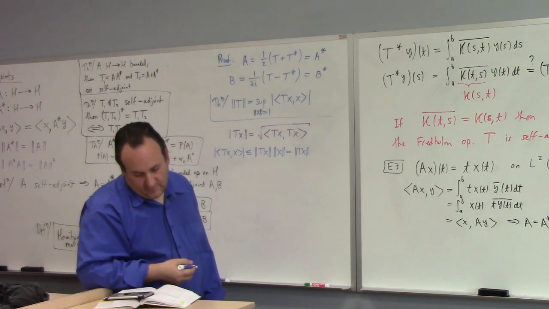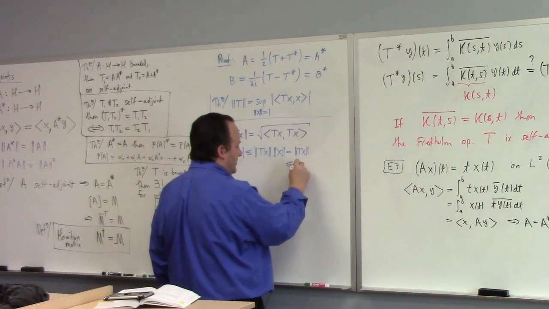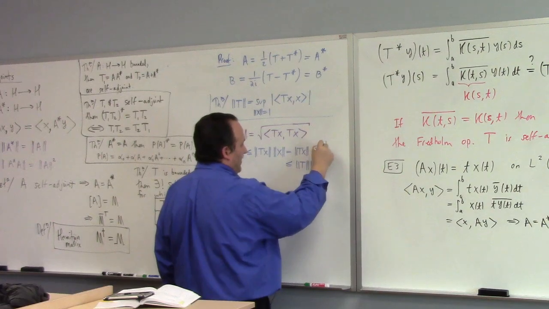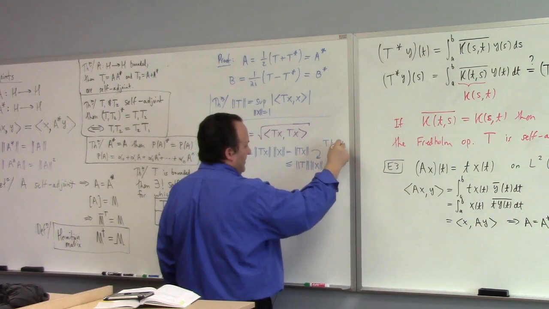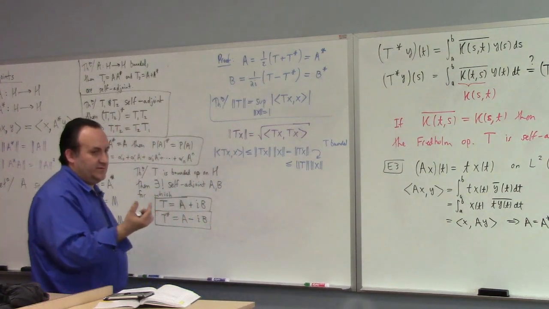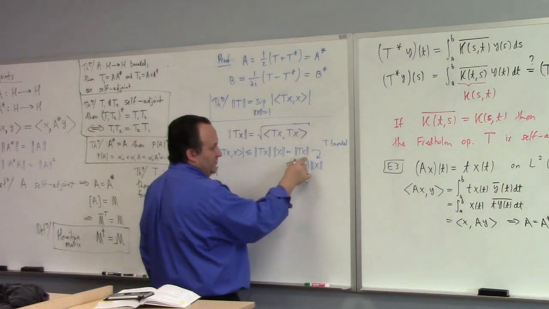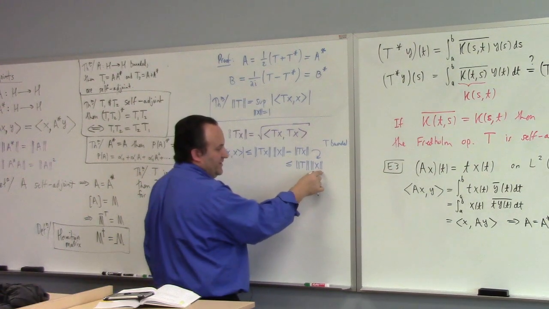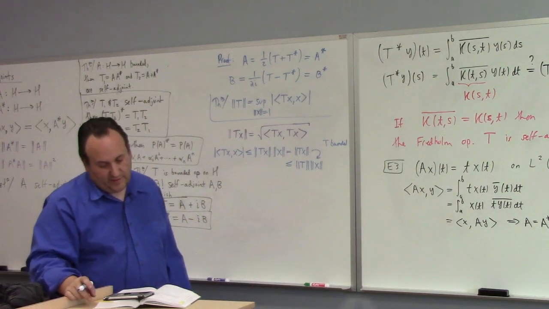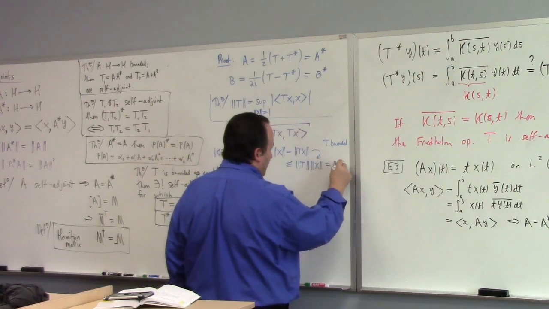And then remember, we have proved that this is less than or equal to the norm of T times the norm of x, since T is bounded. For any bounded operator on a Hilbert space, the norm of the image is less than or equal to the norm of the operator times the norm of the input. This is a theorem we had for bounded operators. And again, with unit vectors, that's equal to the norm of T.